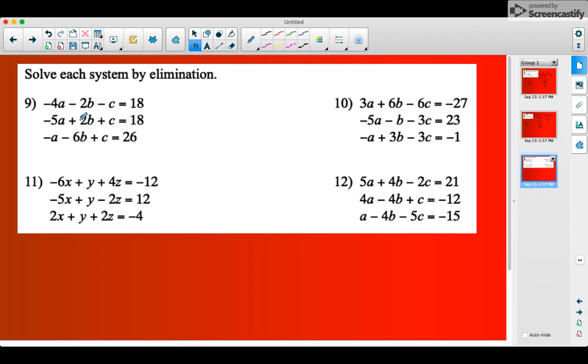All right, let's take a look. So -4, -2, -1, -5, 2. So if you have a friend who's in Advanced Algebra 2, they can do a way of doing this in their calculator that will give them solutions very quickly.